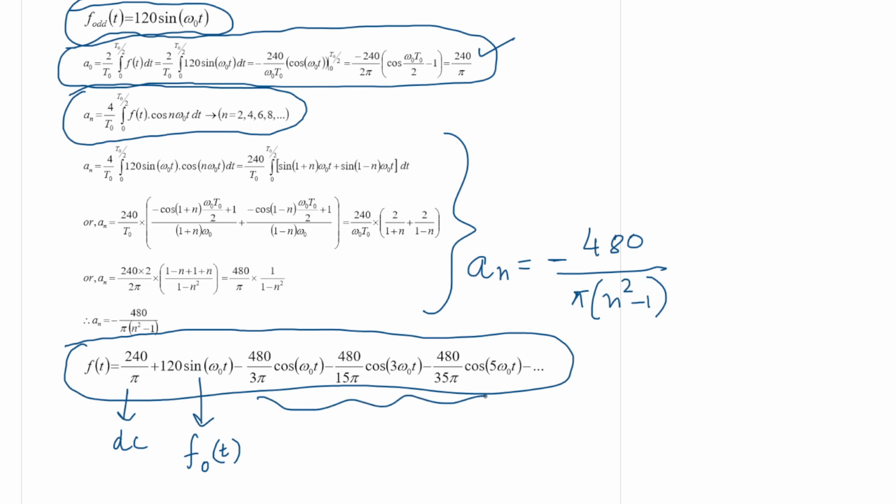The remaining part is the even part, which is expanded in this form. So we have cosine terms, right? So these are the derivations given. You can go through them.